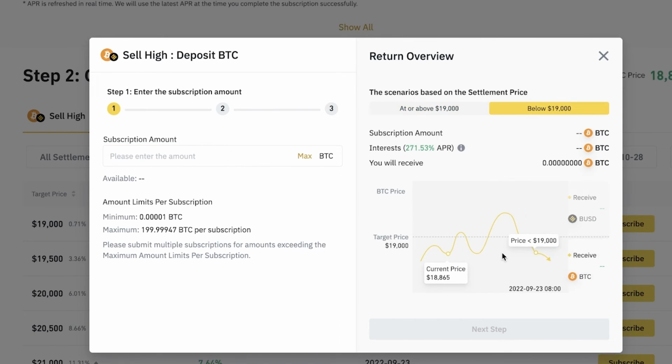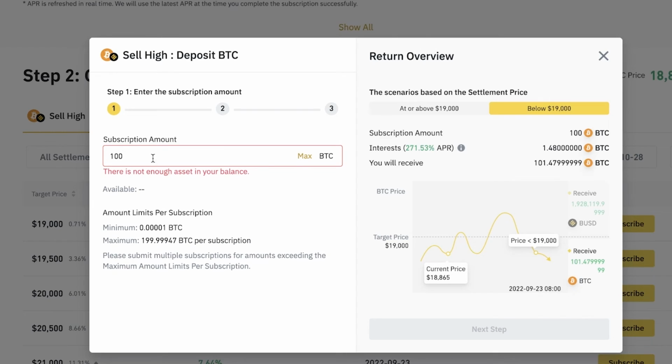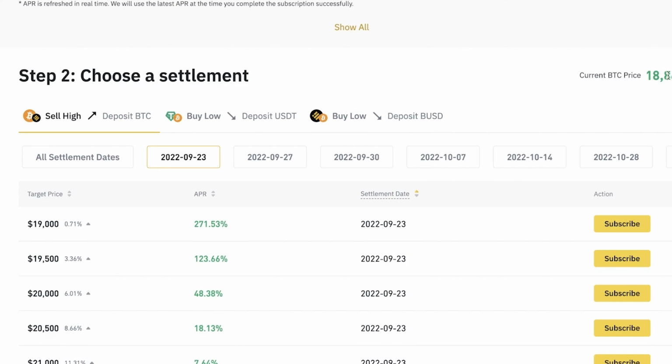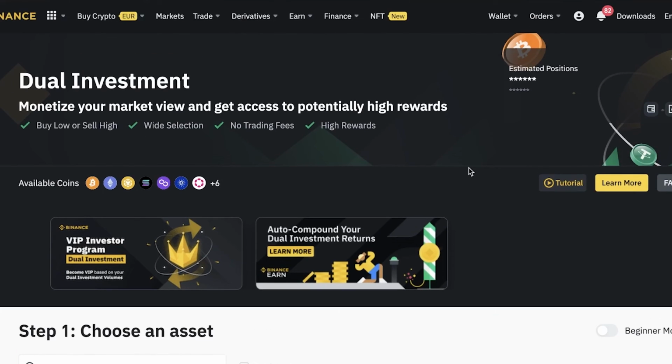If it does not increase, then I will not be getting any money whatsoever. So you can see over here that the interest will not be worth it at all if it remains below the current price. So if there is no price change, or if the price change goes the opposite way to what you predicted, you would still not be making any money.